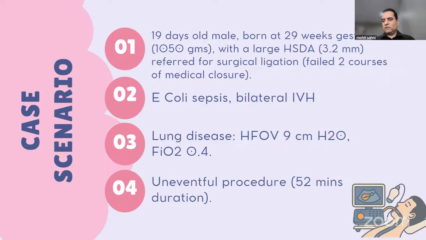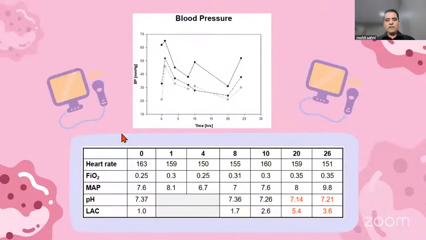The procedure went uneventful for around 52 minutes. And in this, you can see that when the baby had the PDA ligation procedure, the blood pressures fell down. In between they went up, but then these are the mean blood pressures, systolic and diastolic and mean.